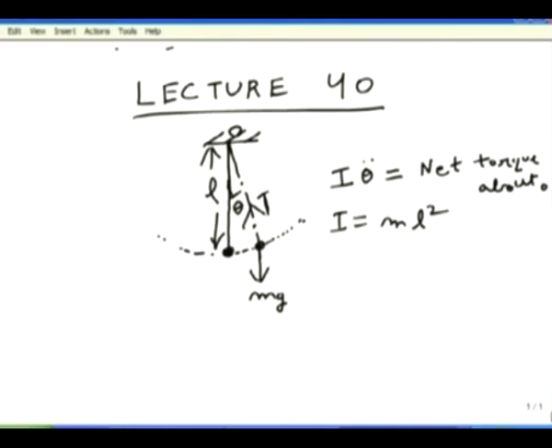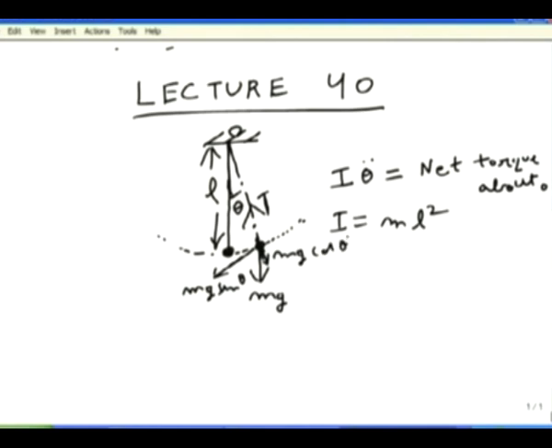mg can be resolved into two components. One is mg sin theta, tangential to that circular arc, and the other perpendicular component is mg cos theta, which is in the direction of the string.